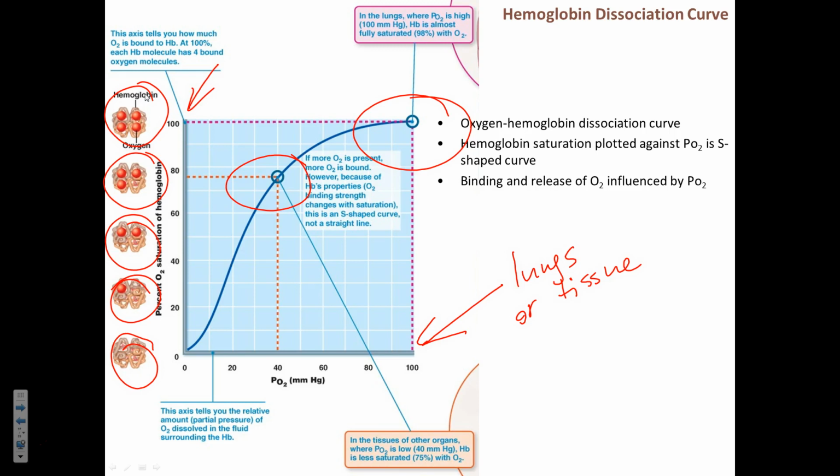Therefore, the partial pressure of oxygen in the blood is high as well. Concentration of oxygen in the blood overall is high, 100 millimeters of mercury. At this concentration, it turns out practically all hemoglobin is saturated. Are we clear?